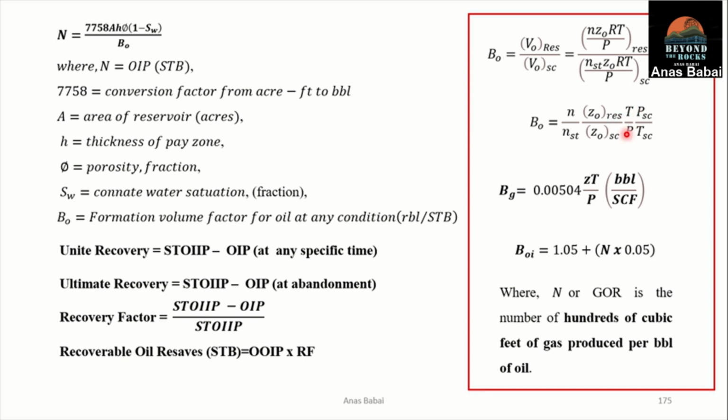In reservoir engineering, the temperature at standard condition is equal to 60 degrees Fahrenheit, and the pressure at standard condition is equal to 14.7, and by substituting those values, we will only remain with Z, T and P, those three unknown values, and the rest is equal to this one.